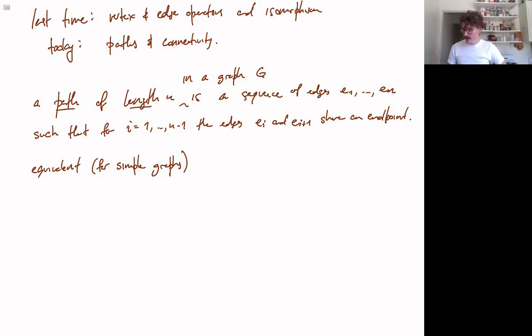So for simple graphs, this is equivalent to considering the sequence of vertices V0 through Vn that the path goes through.